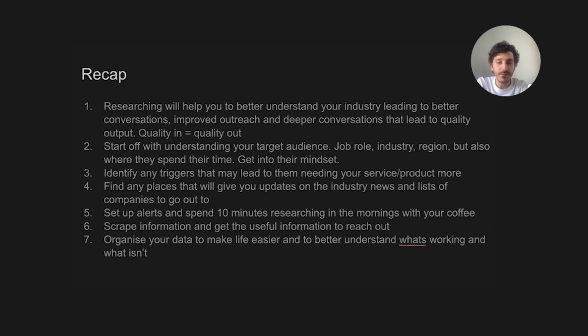Last is organize your data to make life easier and to better understand what's working and what isn't. So group your data into different buckets based on time zones, job titles or seniority, whether they're a champion, a decision maker, or an economic buyer, so they're holding the purse strings rather than making the decision. So you have to change the way you're reaching out to them.